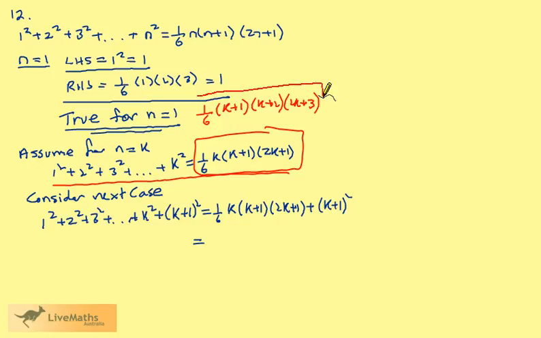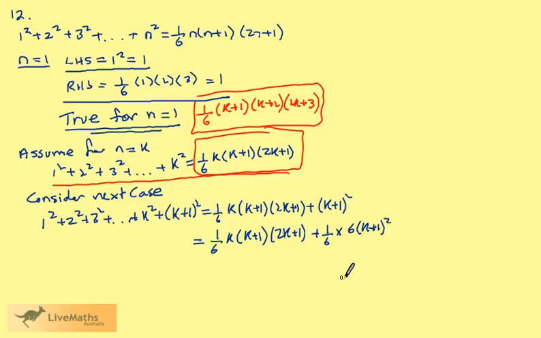It's a good idea to write down your target expression. So this is 1/6 k, k plus 1, 2k plus 1, and I'm going to write this as 1/6 times 6 k plus 1 squared.